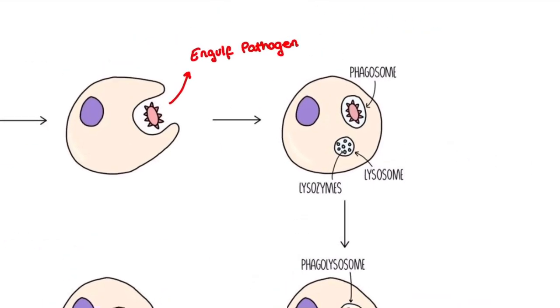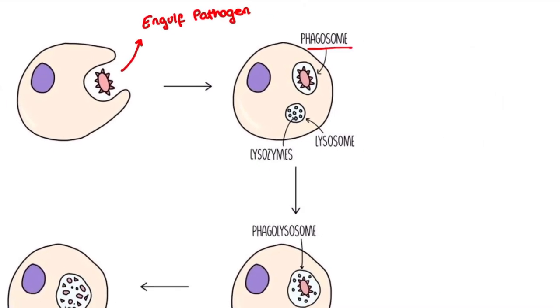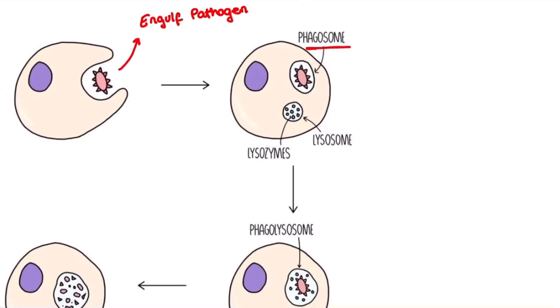Now, once it's engulfed the pathogen, it is held within a phagosome vesicle. As you can see, we have a circle around the pathogen, and that's your phagosome vesicle. In your phagocyte, you also have lysosomes, and in your lysosomes, you have hydrolytic enzymes called lysozymes.